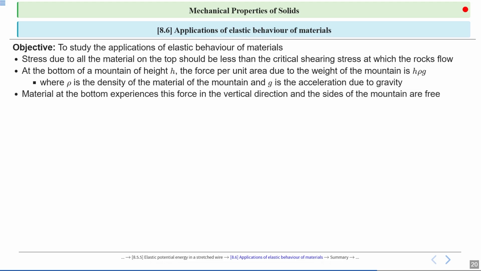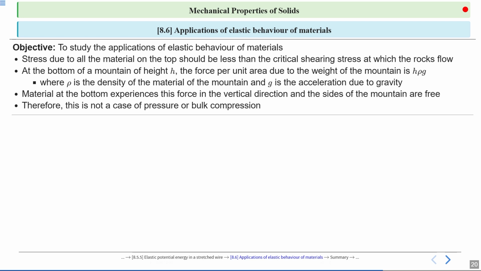It's important to note that the material at the bottom of the mountain experiences this force mainly in the vertical direction because of the weight above. The sides of the mountain are exposed to the air and are not confined, so they are considered free.